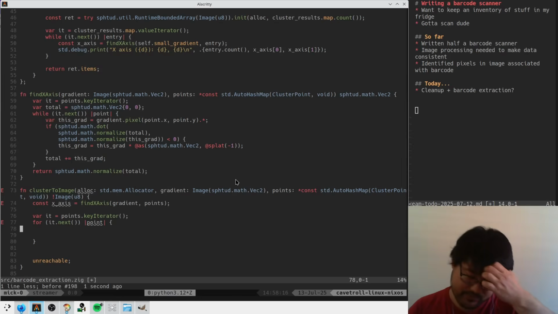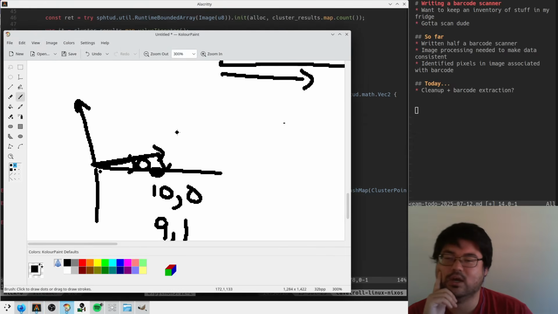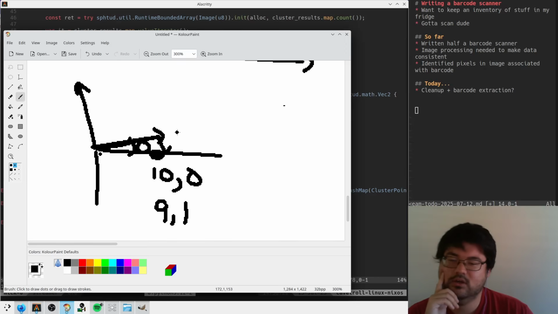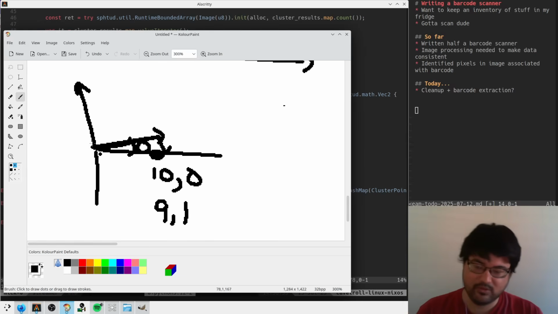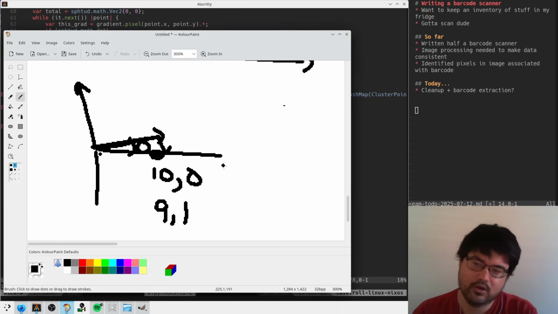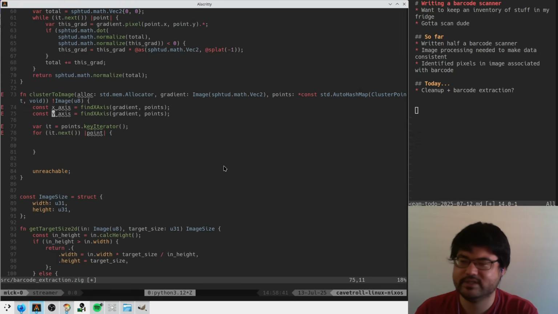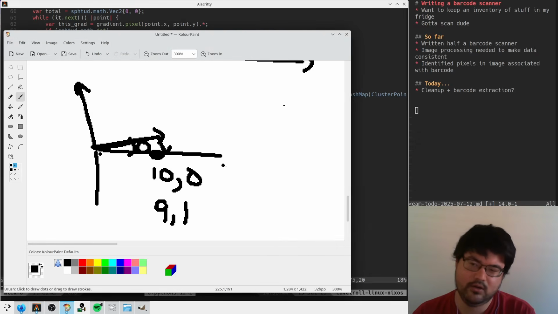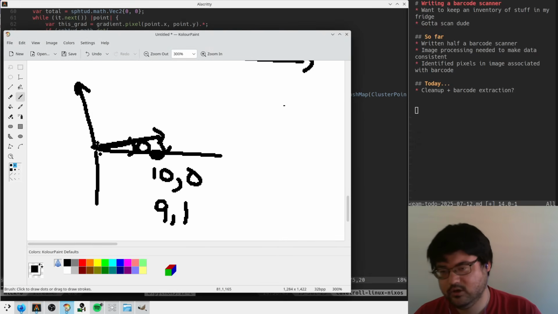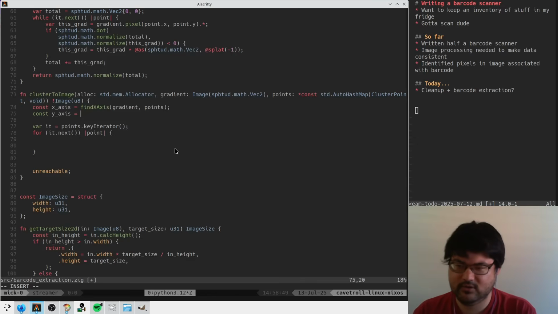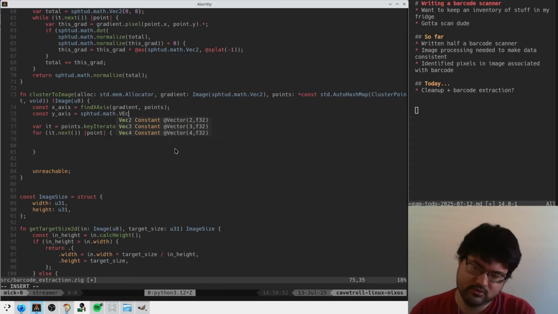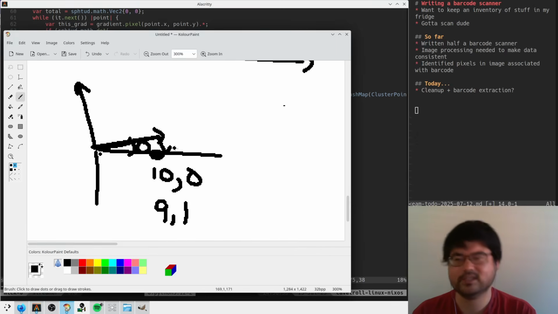Okay, yep. Now, when we are eventually trying to find the center position, I don't know what that's going to mean. But we'll figure that out. Okay. So our y-axis, looking at this picture, is a vec2 with our x.